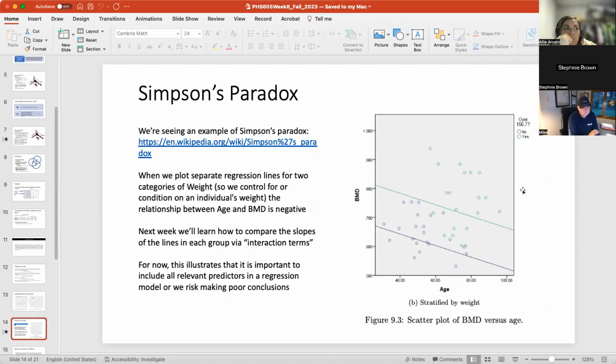Next week we're going to learn, and that's an empirical question, which we often don't know. So fitting multiple regression models, actually finding the true model, can sometimes be a really big hassle because we have to worry about these so-called interaction terms. Again, we're going to learn about those next week.